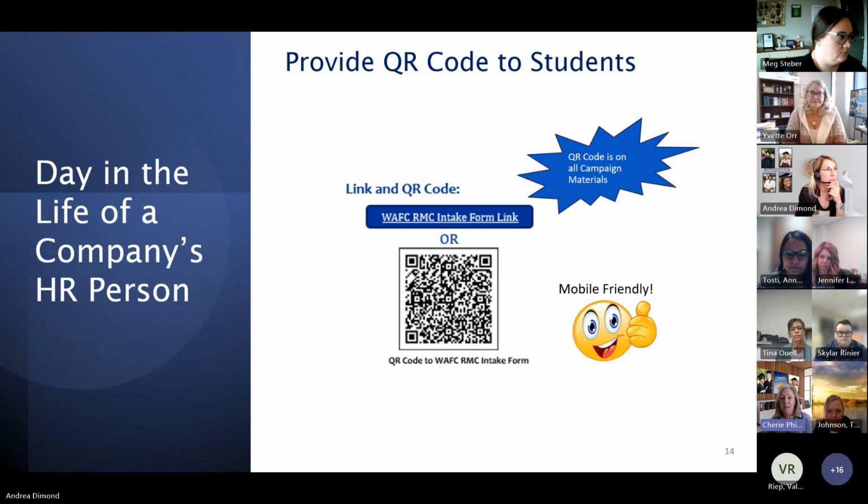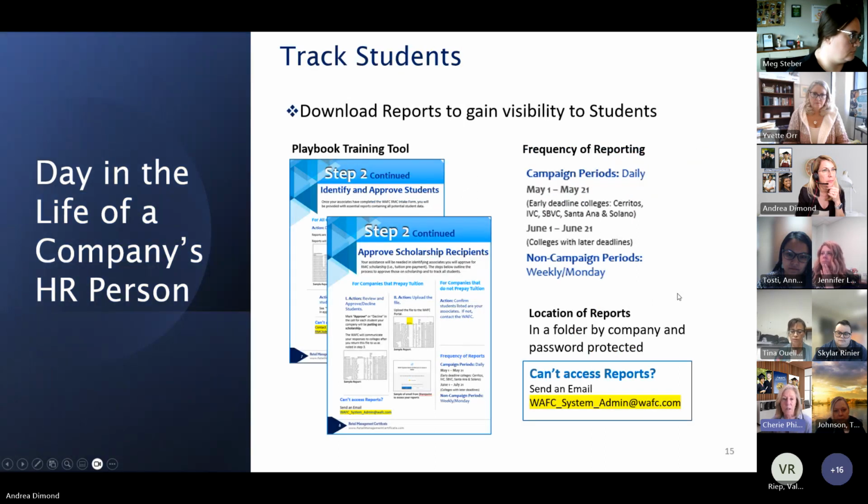We ask that you put these QR codes and links on all your campaign materials. We have them pre-populated if you plan to use some of our flyers and materials, but if you have your own already, then you'll want to add these to these before you send them out. That's the process that Andrea showed you. It is mobile friendly, which is a bonus.